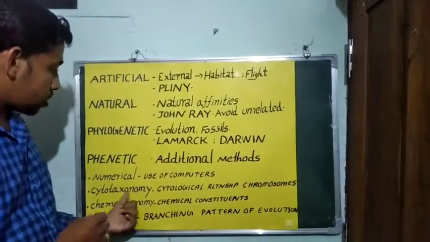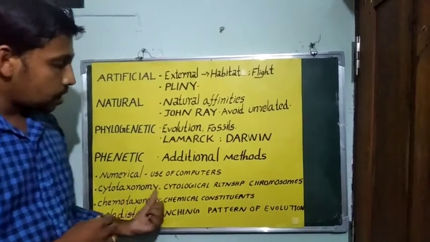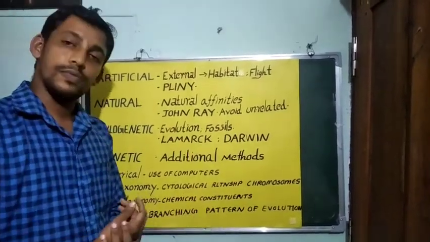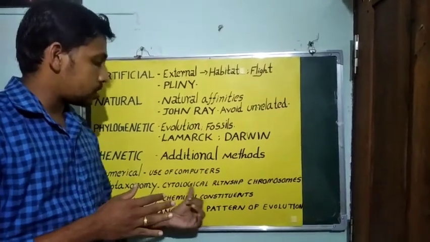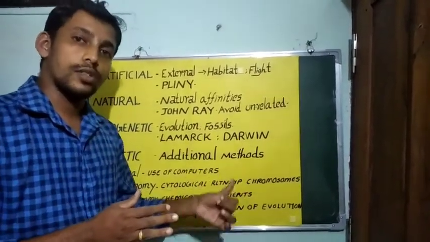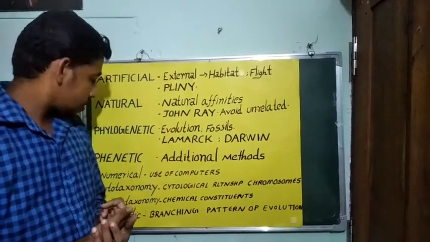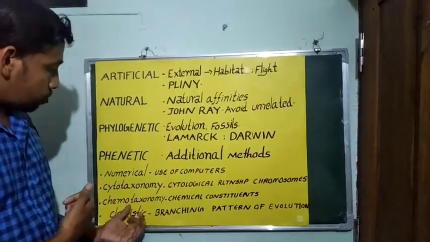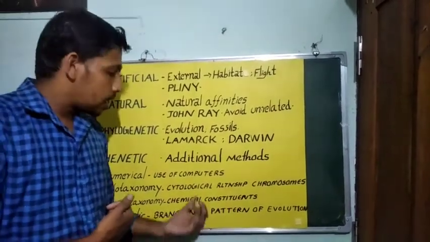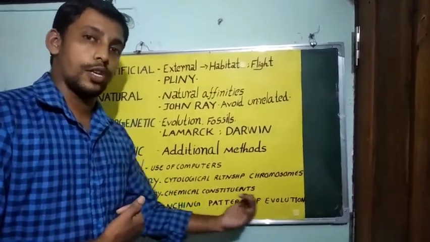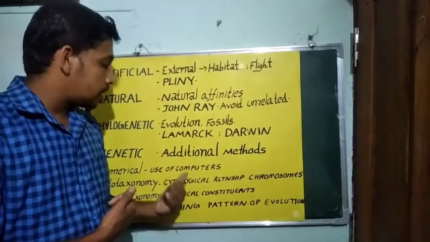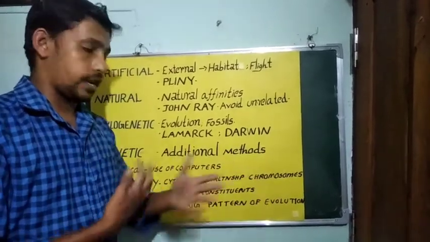Then cytotaxonomy. It is based on the cytological relationship in the structure and number of chromosomes. Then chemotaxonomy. It is based on the similarities in the chemical constituents of organisms.